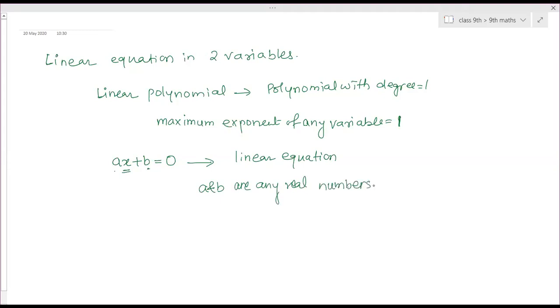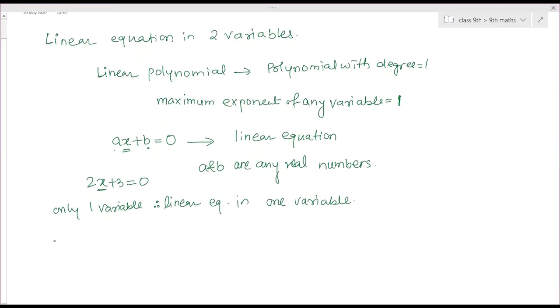For example, 2x plus 3 is equal to 0. Here x is the only variable, and 2 and 3 are the a and b values, which are real numbers. Now here only one variable was there. Therefore it is called a linear equation in one variable.